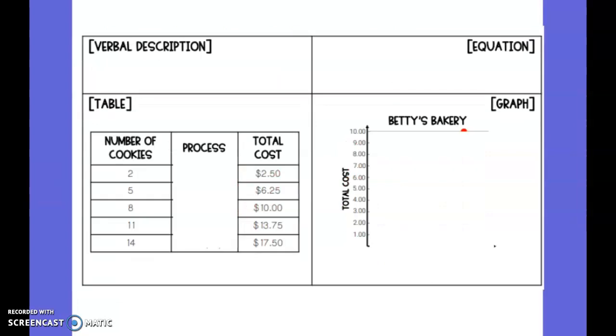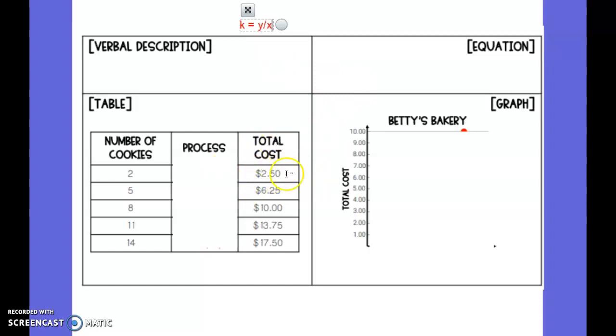For your next example, they're giving you the table. You have to find the equation, and then you have to graph it and write a verbal description. In this case, I don't have anything but my x and y values. And before we learned that the constant rate of change, which is k, the constant of proportionality, equals y divided by x, giving y equals kx.